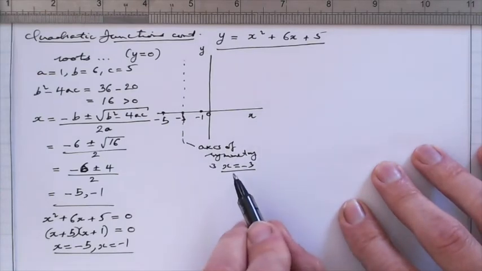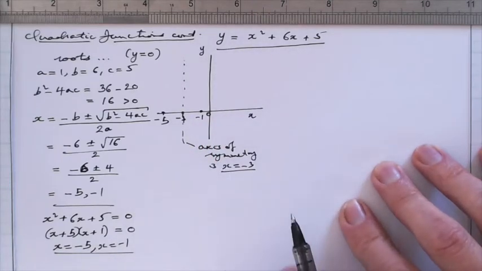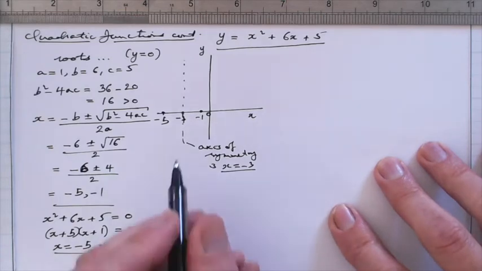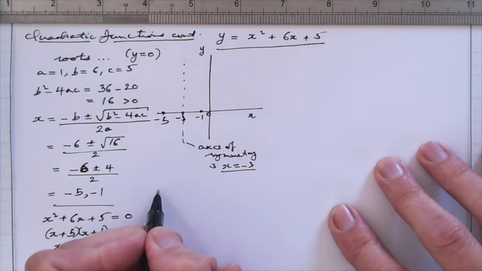We can plug x equal to negative 3 into our quadratic function to see what the value of y will be at that value. We know it's going to be negative because otherwise we're not going to get any roots here. So let's just do that.